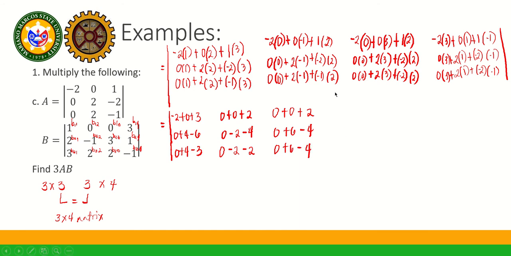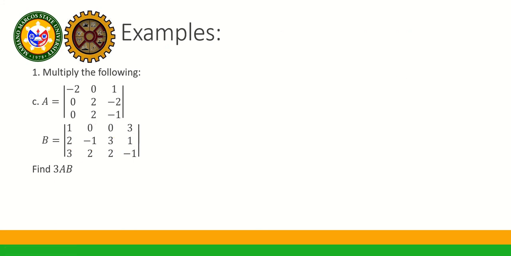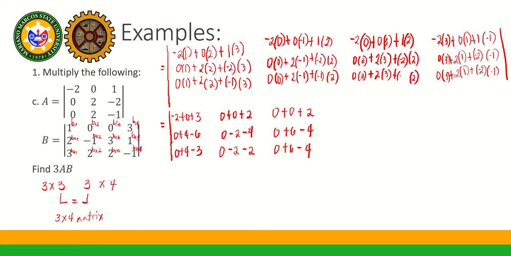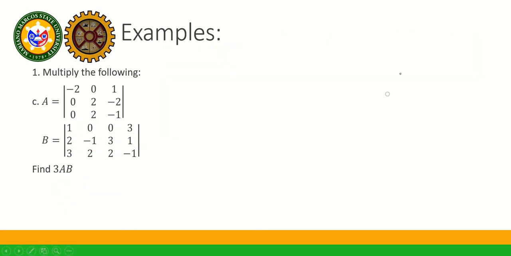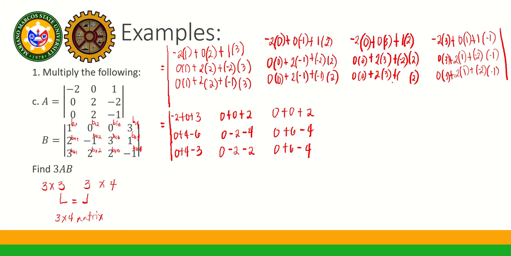Okay. I-correct ko lang to dito sa part na to. This should be negative 1. Okay. So, negative 1 pala to, hindi negative 2. So, this is negative 2. And for the last column, we have 6 plus 0 minus 1.